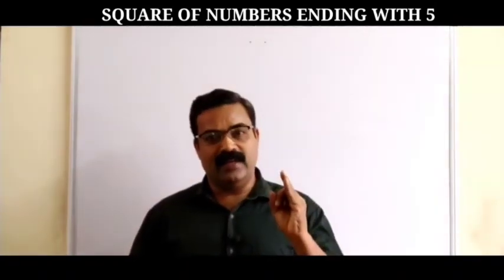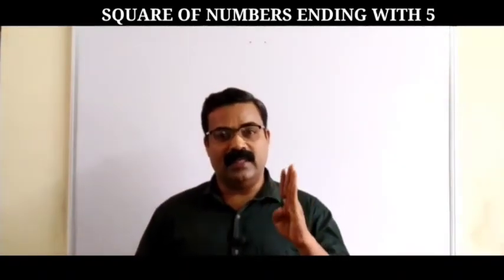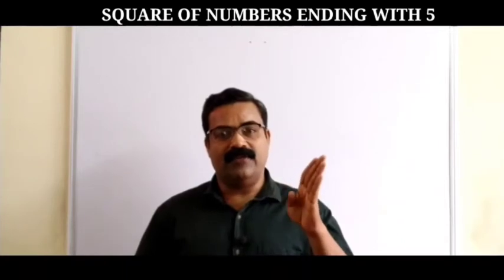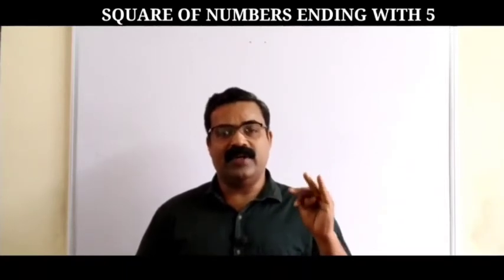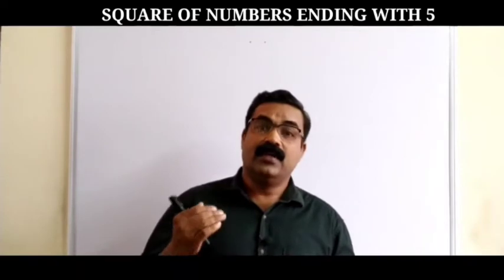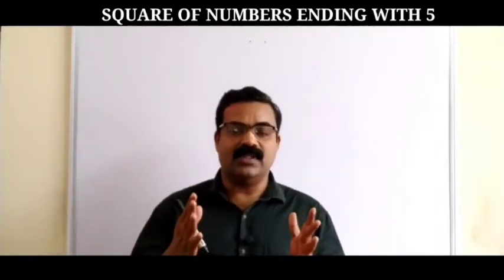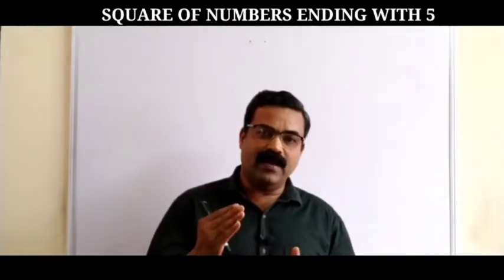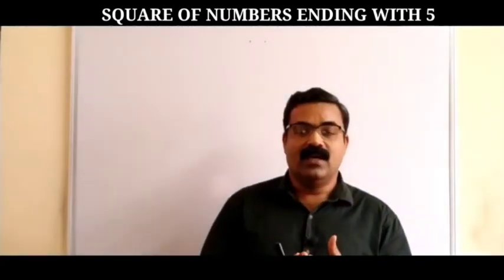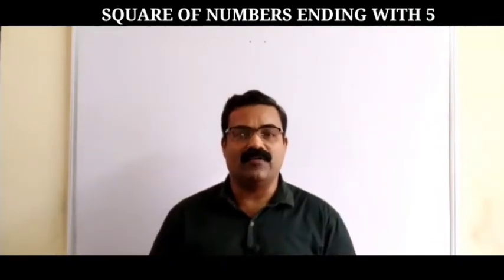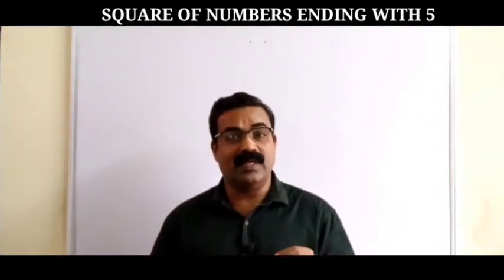We have numbers like 5, then 15, 25, 35, 45, 55, 65, 75, 85, 95, 105, 115, 125, it goes like this. These are all numbers ending with 5. For any number which ends with 5, we have a very easy method of finding the square. That is what we are going to see in this video.